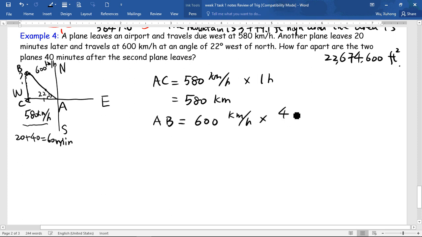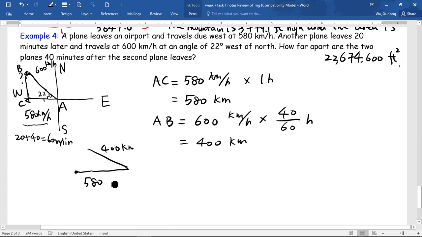It's 40 minutes divided by 60 hours, so it's 400 kilometers. So now we have a triangle. One side is 400, another is 580 kilometers, and the angle between these two is 22 degrees. It asks how far apart these two planes are.